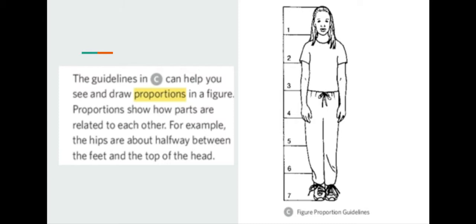And if we look, the head goes down in comparison to the rest of the body. The guidelines in C help you see and draw proportions in a figure. Proportions show how parts are related to each other. For example, the hips are about halfway between the feet and the top of the head. So we want to think about all the parts of the person related to a whole.